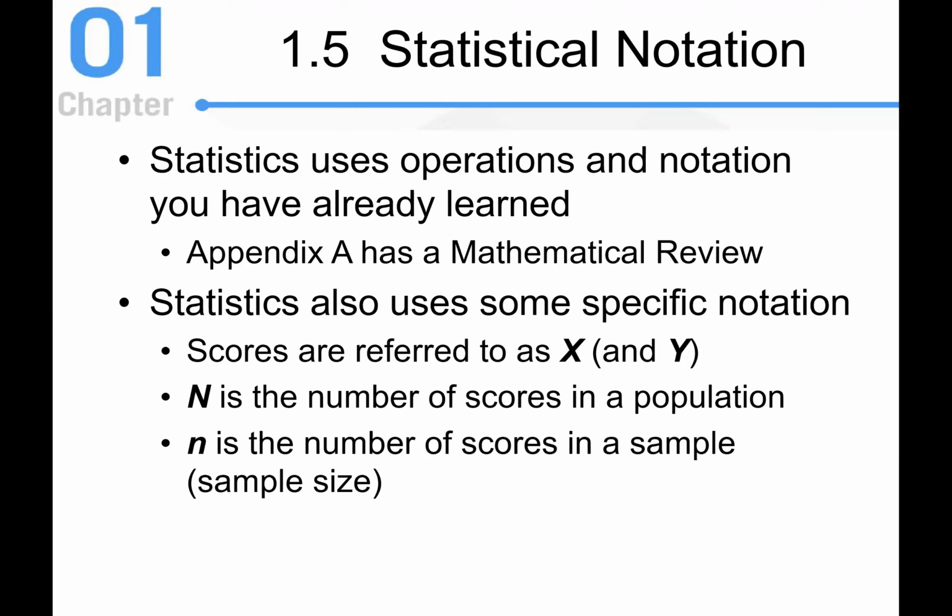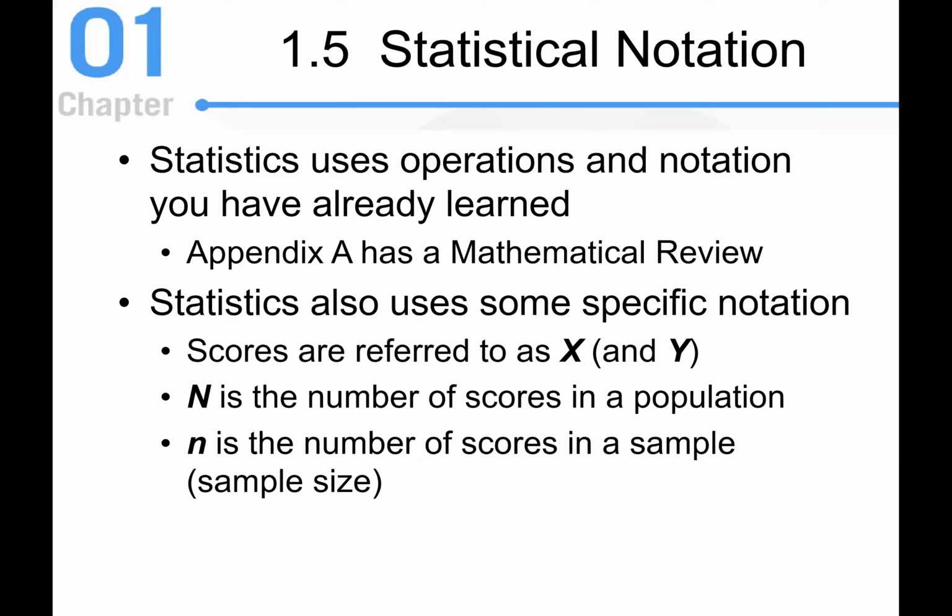If it's a capitalized, italicized N, that is going to be the number of scores in a population. So we measured something about a total population, and a capital italicized N represents the number of scores in that particular population. If it is an italicized lowercase n, that's going to be the number of scores in a sample, also known as just the sample size.